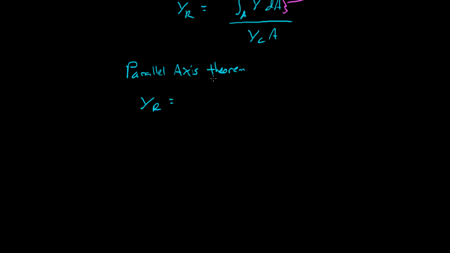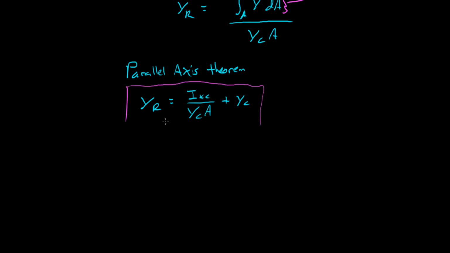And so we would take that moment of inertia, which you could write as something like IXC, about the centroid, which is where things will be tabulated, over YC times the area, plus YC. Now, what did I just do?